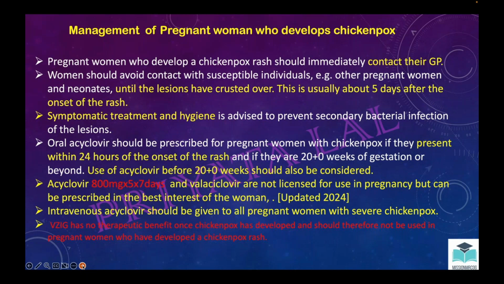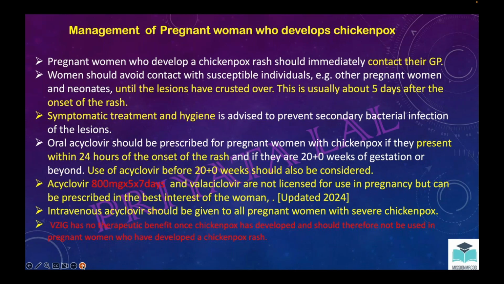Now remember the dose here. When we used acyclovir for exposure prophylaxis, the dose was 800 milligrams 4 times daily for 7 days. But now it is no more prophylaxis, it is a treatment.